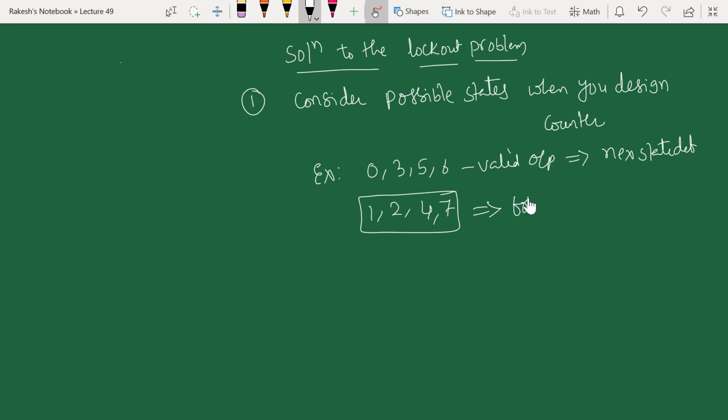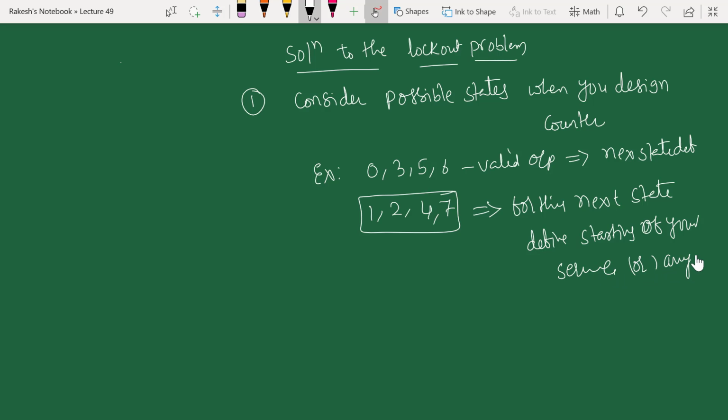For this, next state we always define as the starting of your sequence, or any other number in the sequence.